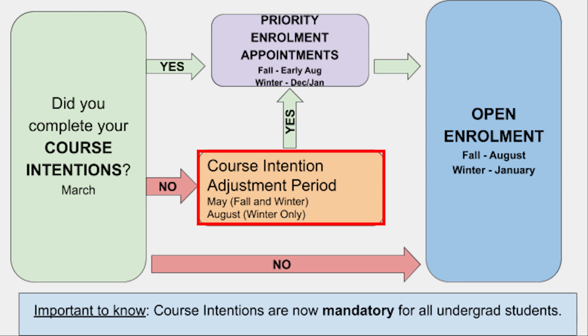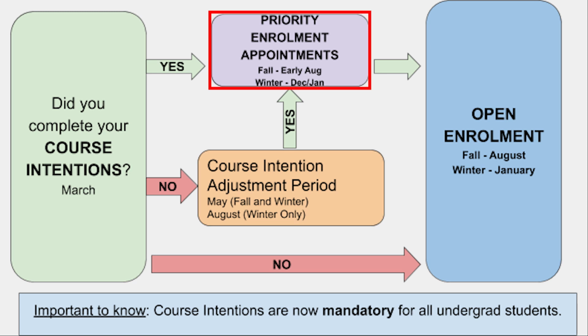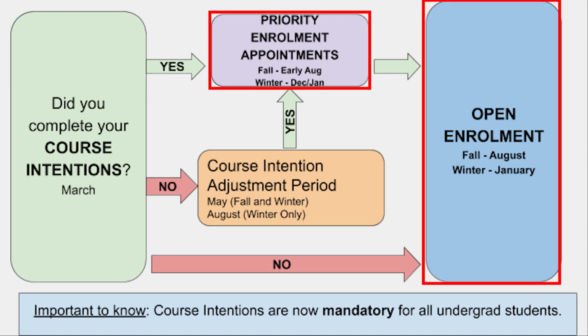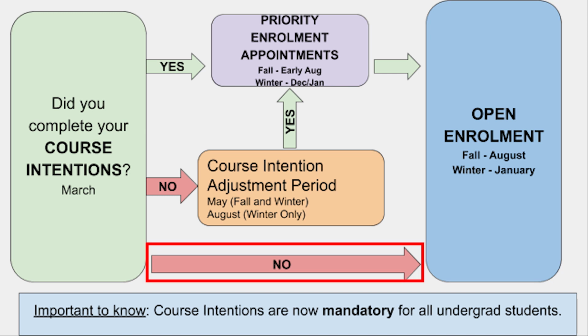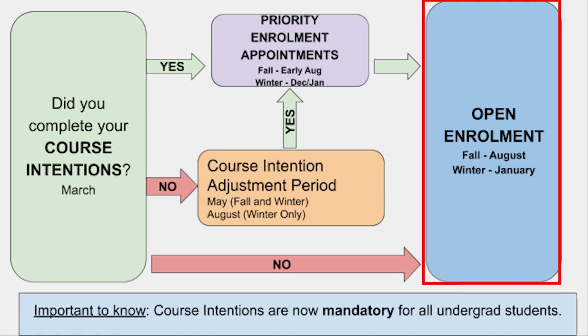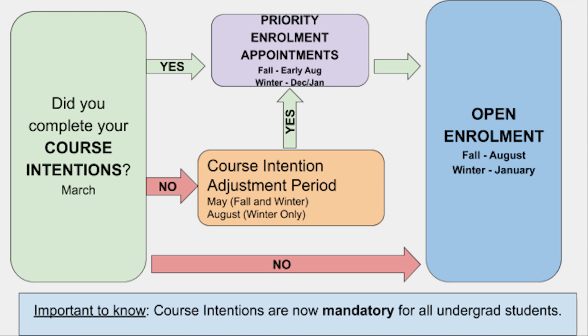This timetable will be viewable prior to priority enrollment and open enrollment dates for each semester that you participated in. If you did not participate in course intentions, you will have to wait until the open enrollment period and will be required to add your courses manually.